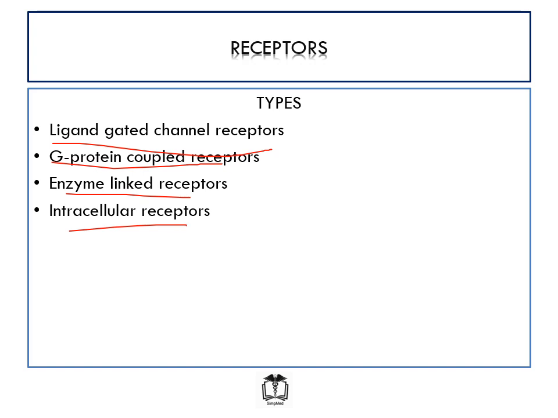The reason why we classify each of these receptors this way is primarily based on the type of domains they have, where the domains are found, and then what type of transduction pathways tend to connect or link these domains. Remember that a receptor has two domains, the ligand domain and an effector domain. The ligand domain could either be found on the membrane or in the cytoplasm of the cell.